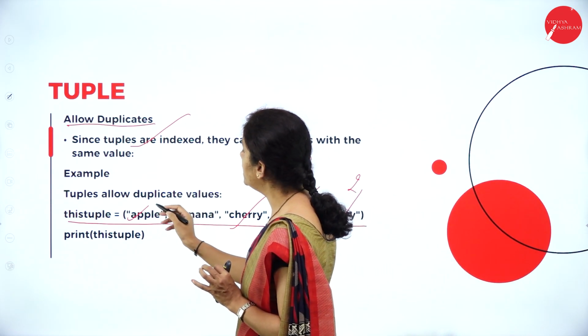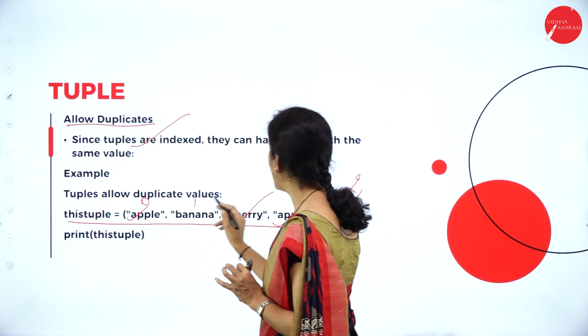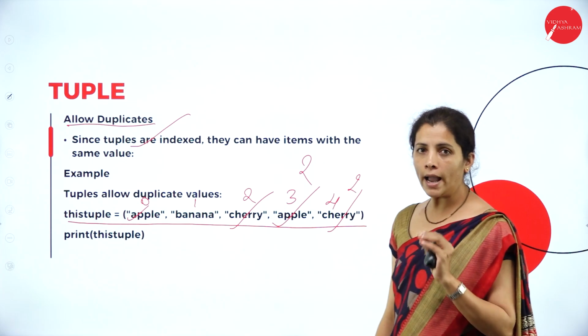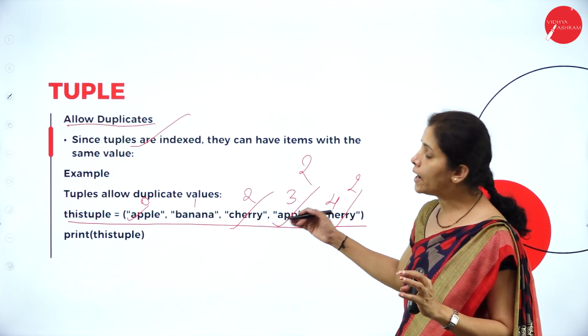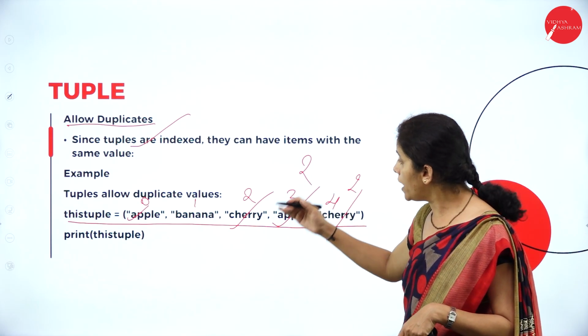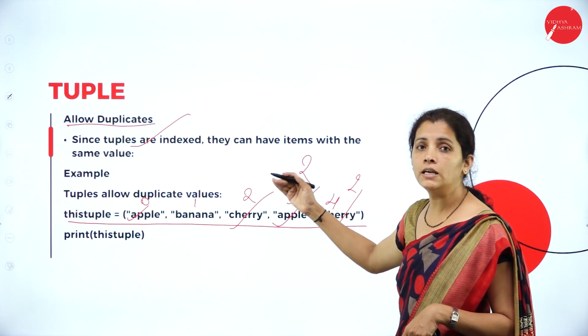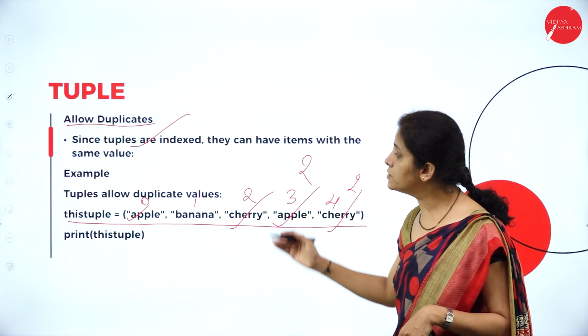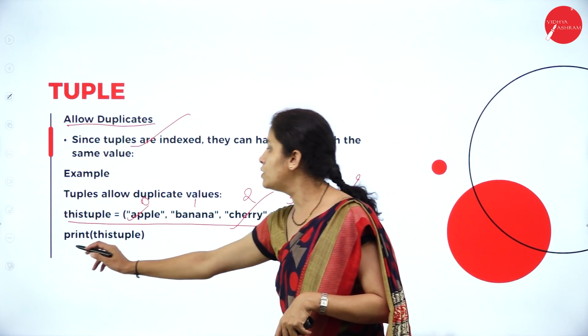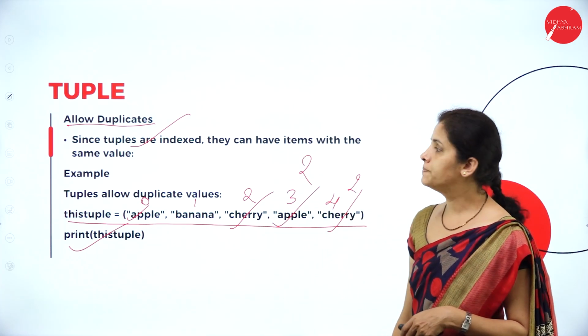And the tuple index starts from 0, 1, 2, 3 and 4. While accessing, I want to specify the position where the element is present. Based on that, I am able to access the elements. So I am going to print the tuple.